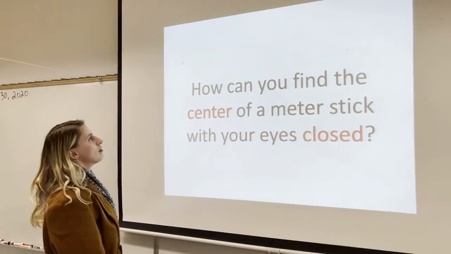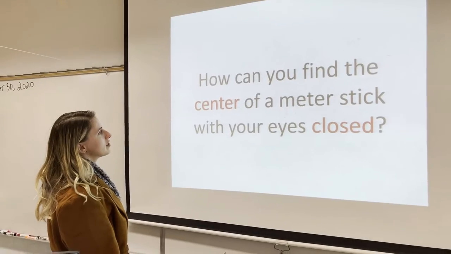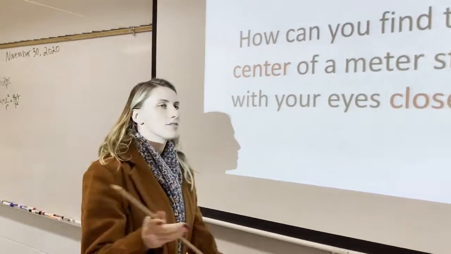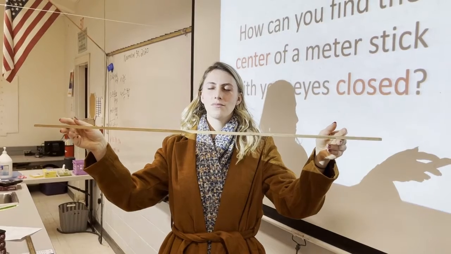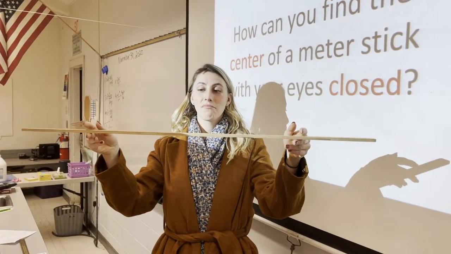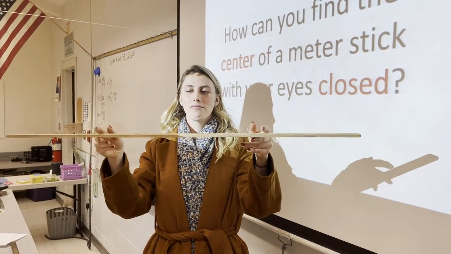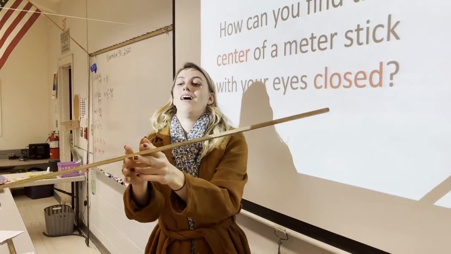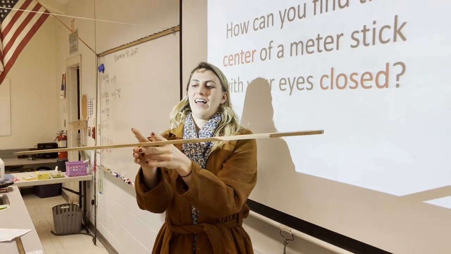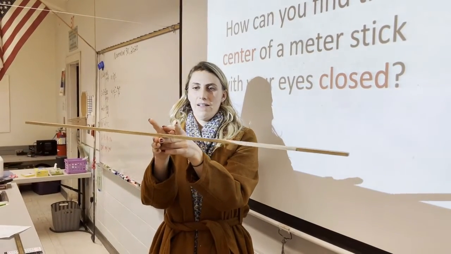Can you find the center of a meter stick with your eyes closed? Why does this work? Watch your hands. Notice that only one hand moves at a time. Why is that? It's because of friction. If one is sliding, there's less friction than the one that is not sliding.